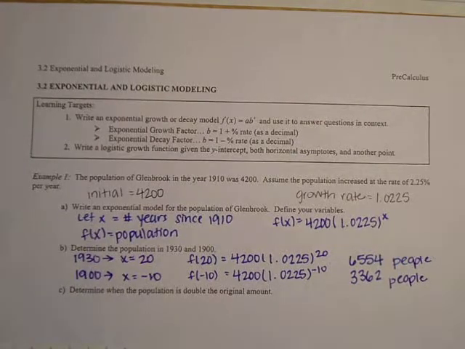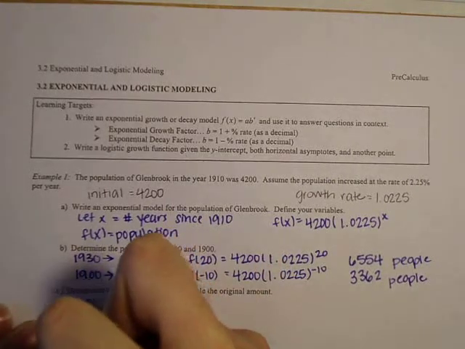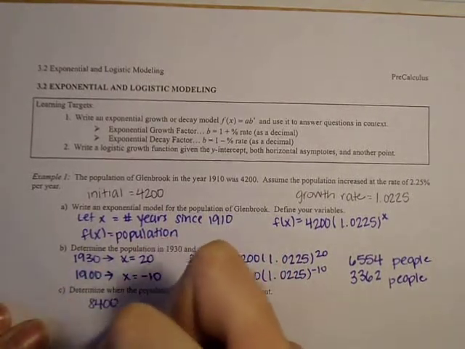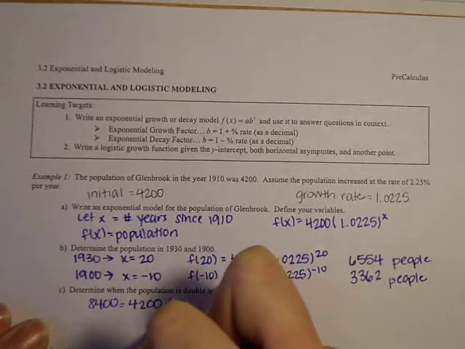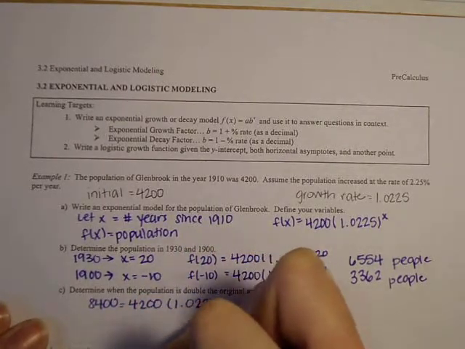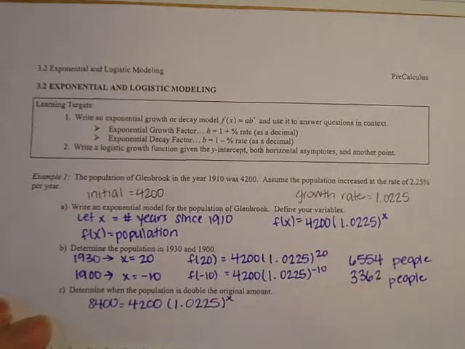Now, we want to determine when our population is double the original amount. So that means we must find x when f of x equals 8,400. So we'll have 8,400 equals 4,200 times 1.0225 raised to the x.